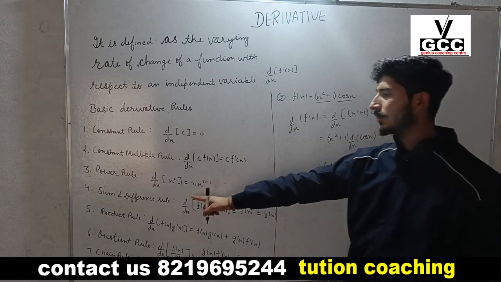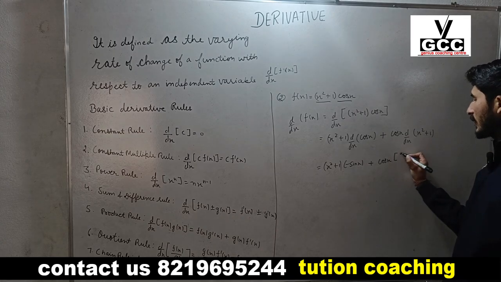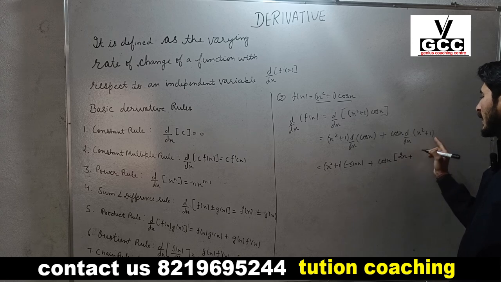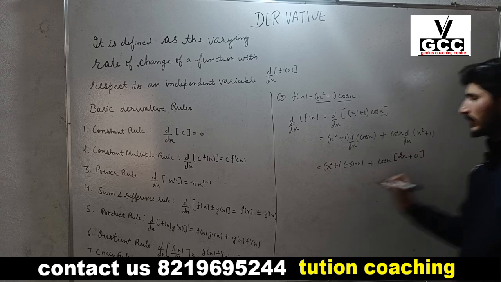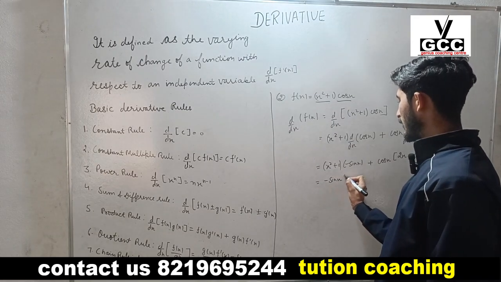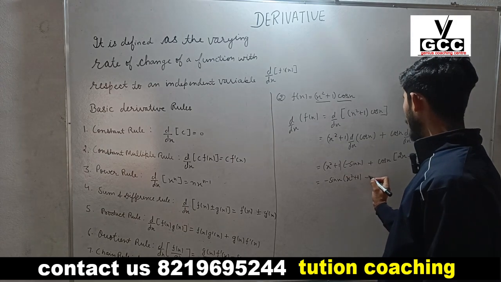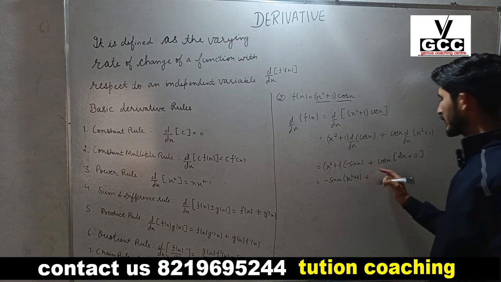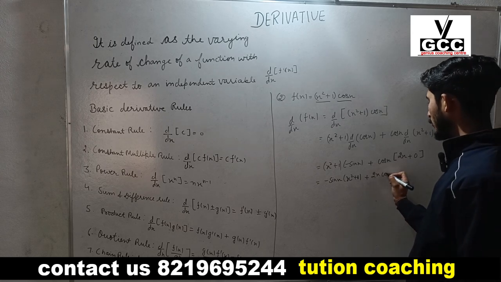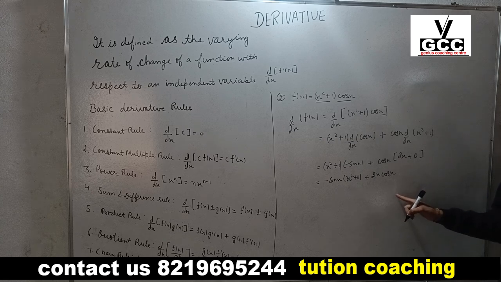What is the derivative of x squared? So we apply the power rule. The derivative of x squared is equal to 2 into x, plus derivative of 1. Derivative of 1 is 0. That is equal to minus sin x into (x squared plus 1) plus 2x into cos x.